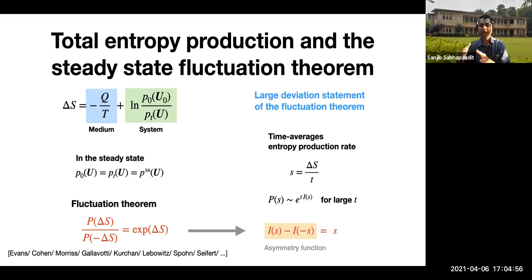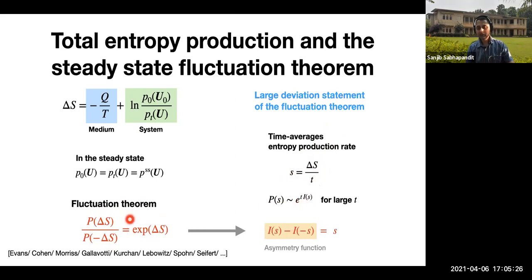This is the variable at that time. Therefore this is also a stochastic quantity, and together that defines this entropy production. And given this definition of entropy production, it's very easy to show that it satisfies this fluctuation theorem exactly at any time. You can also write down a large deviation formulation of this. You just look at it divided by the time, so the small s has this large deviation form.